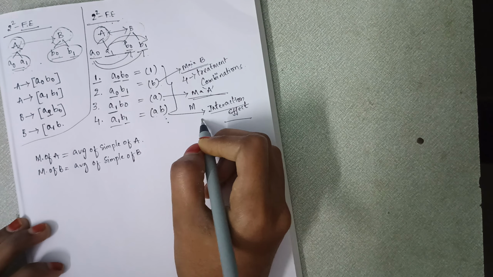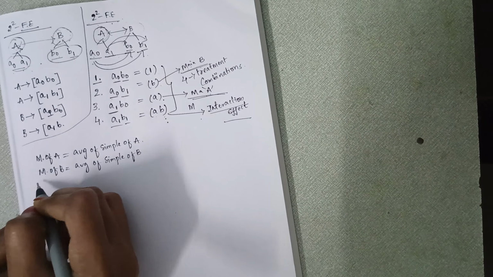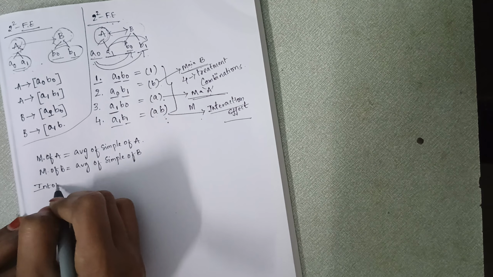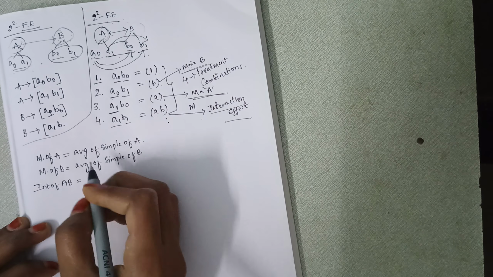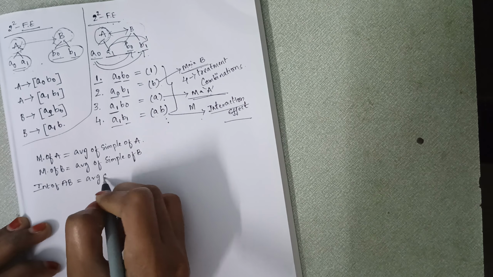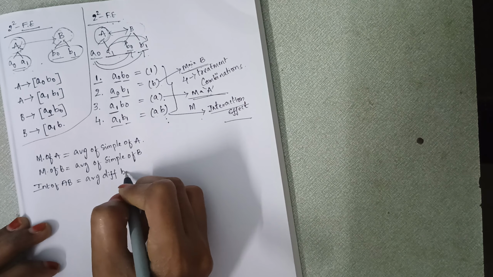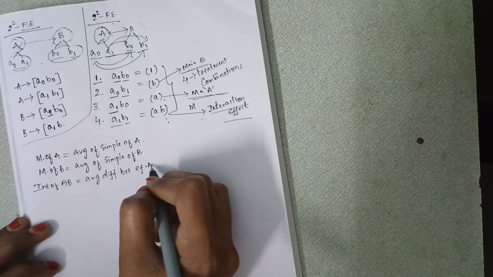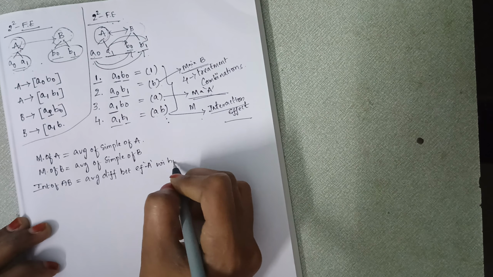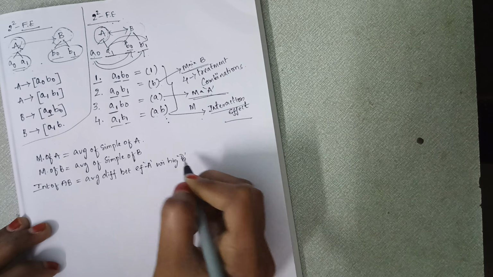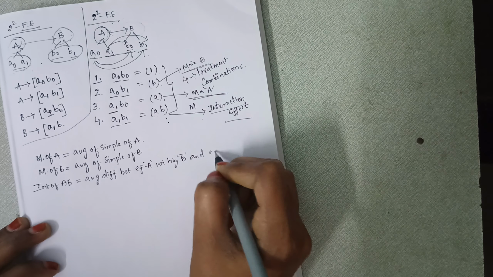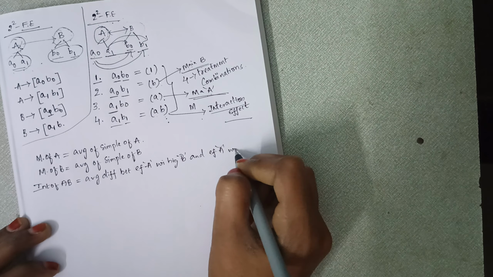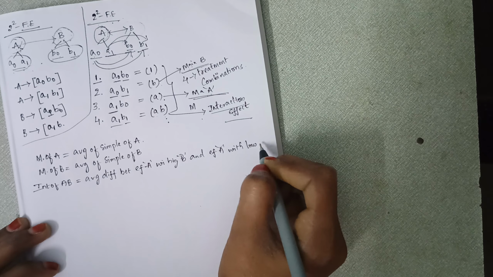Now interaction effect. How to find out the interaction effect? Interaction effect of AB is nothing but the average difference between the effect of A with high level of B and effect of A with low level of B.